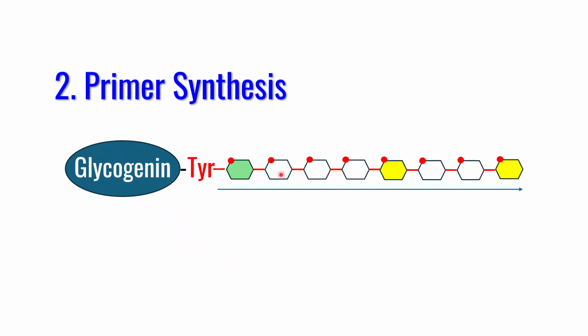Once 8 to 12 glucose units are added, this small oligosaccharide segment serves as a primer for glycogen synthase to elongate the chain using UDP glucose. Therefore, glycogen synthase requires a primer. You should know the difference between glycogenin and the primer. Glycogenin basically synthesizes the primer. It is not the primer by itself.